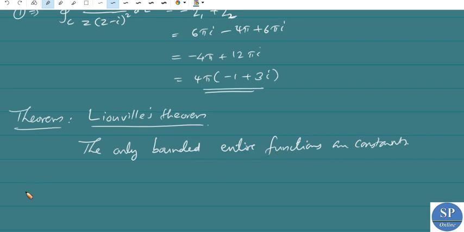Next we have the fundamental theorem of algebra.